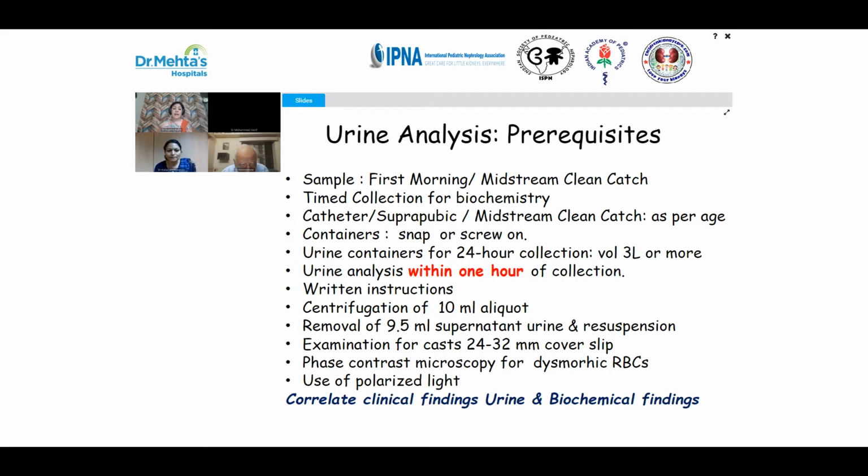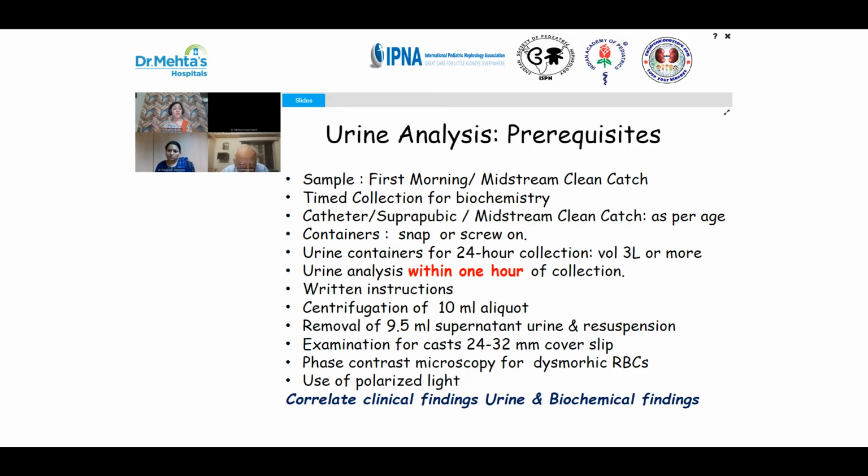And the analysis, this is most important, that we must insist to the lab that the urine analysis should be done as early as possible, preferably within 1 to 2 hours of collection. And the written instructions should be given to the parents before collection and explained to them in a language that they understand. We must also give written instructions in detail to the lab to what we are really looking at.